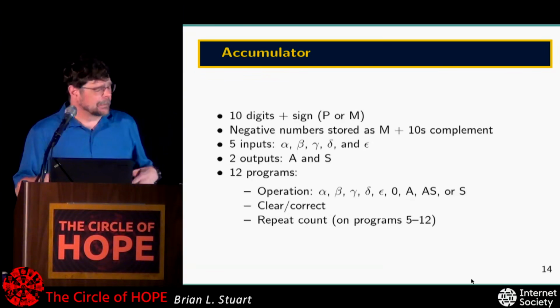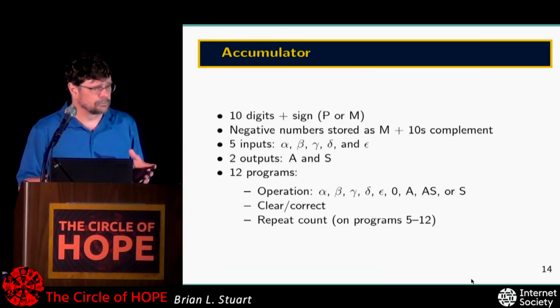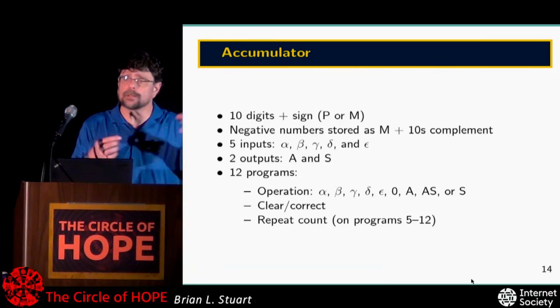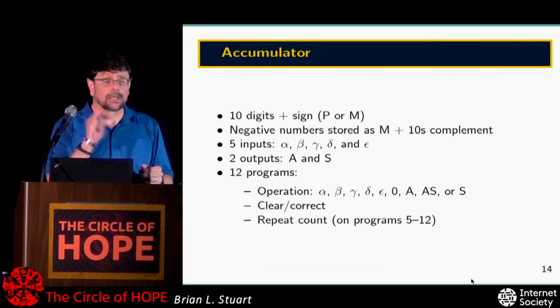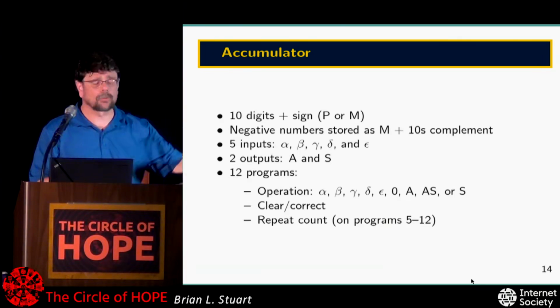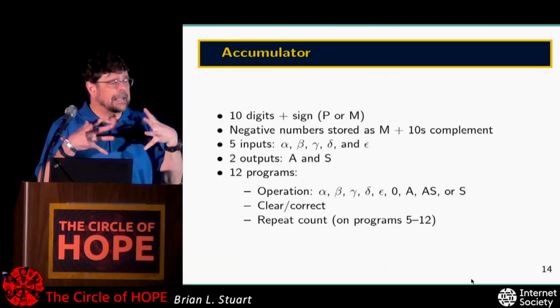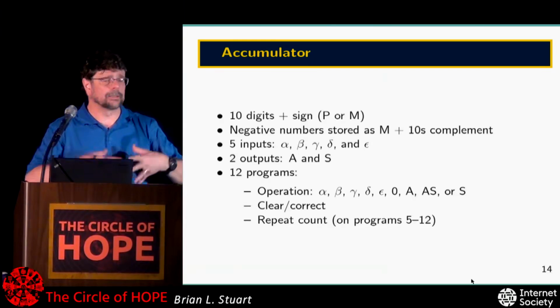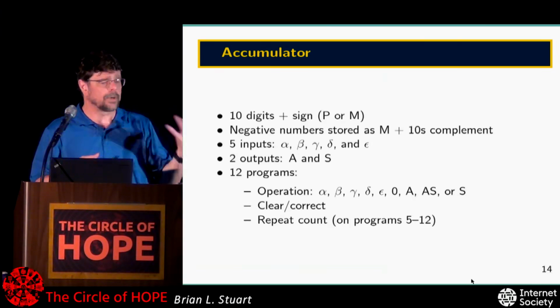Now, the idea of the ring counters is well understood at this point. You basically create a series of 10 flip-flops, you arrange them in a circle, every pulse moves to the next flip-flop, and when you cross from 9 back to 0, you set a carry that goes over into the next one. And these were used quite a lot in devices like counters that were used in radiation research.